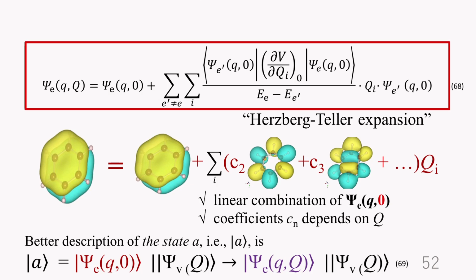So the mixing nature depends on each vibration. But anyway, instead of expressing the wave function by considering the electronic wave function and vibration wave function separately, we should use the electronic wave function with the mixing along with the vibration Q, and the vibration wave function.